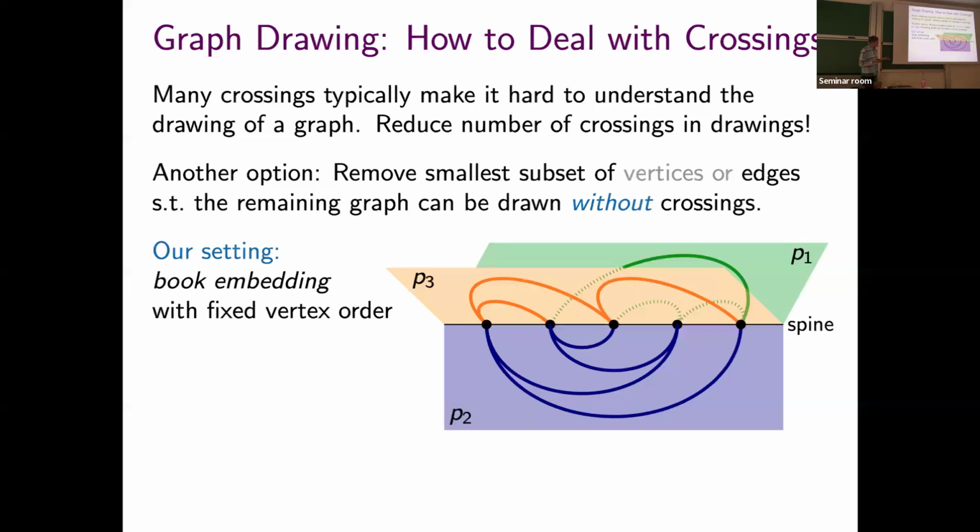Each edge must be drawn completely in one of these half planes. So you're not allowed to draw an edge that first is in the orange half plane and then maybe goes down like this and connects to this vertex. This is against the rules of our game.